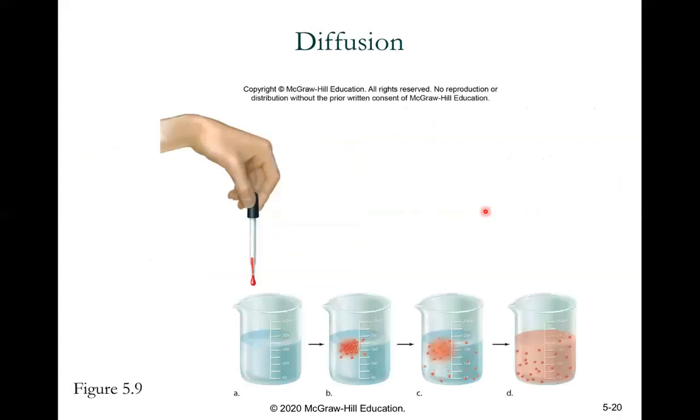Now, when it comes to diffusion, it is like dropping food coloring or a drop of blood into a beaker of water or a solution that allows it to diffuse in that medium. Diffusion is where we see the particles separate and spread out amongst the container and the fluid in which it is in.